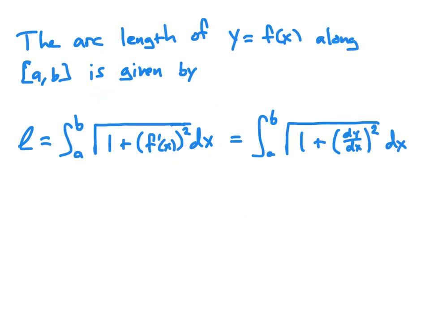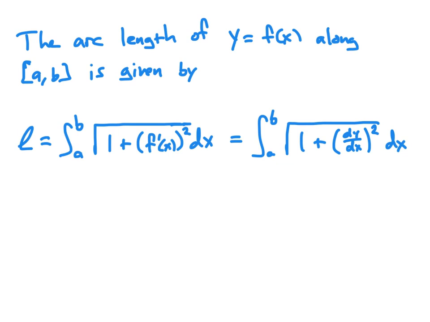So by taking the limit as n goes to infinity in that Riemann sum, we can see that the arc length of a function y equals f of x along the interval a to b will be given by the definite integral from a to b of the square root of 1 plus f prime of x squared. So that's 1 plus the derivative of our function squared.